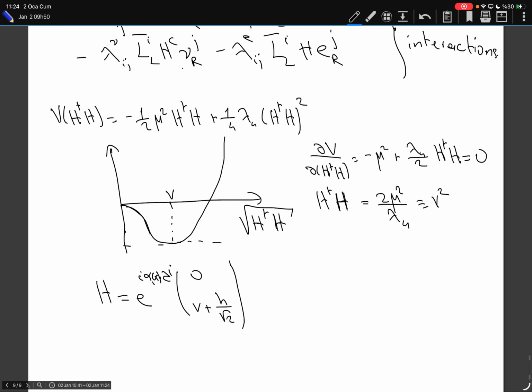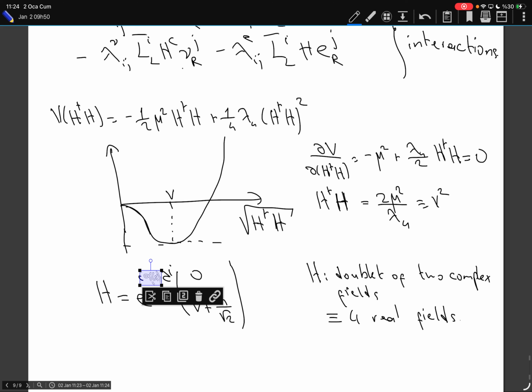Now, Higgs field is a doublet of complex fields, so it actually corresponds to 4 real fields. So h and alpha_i are my 4 fields.